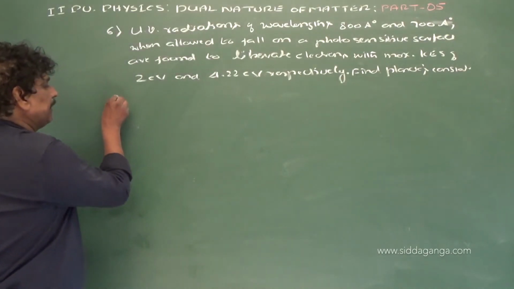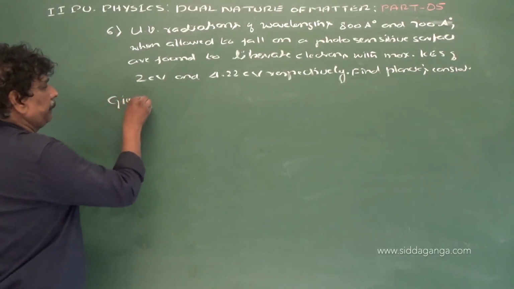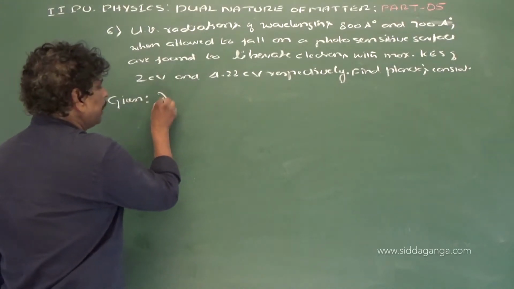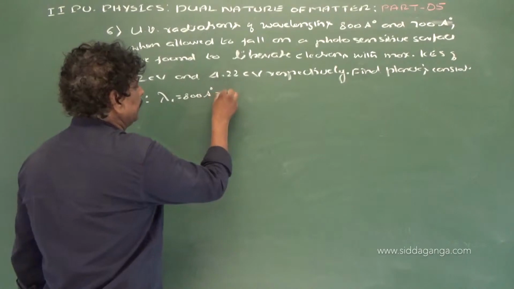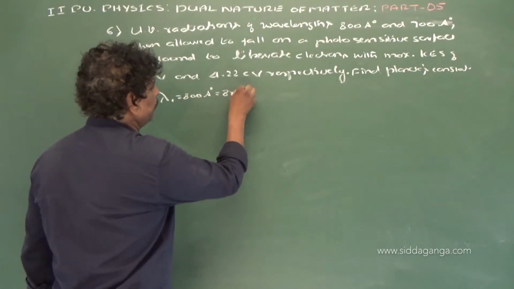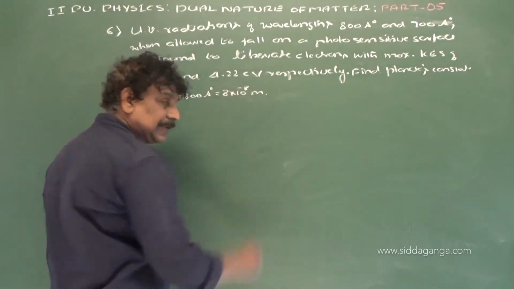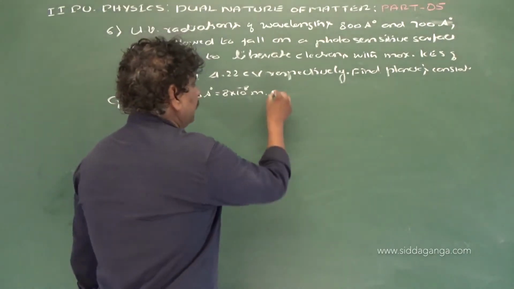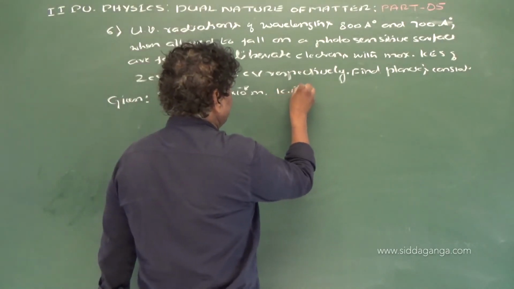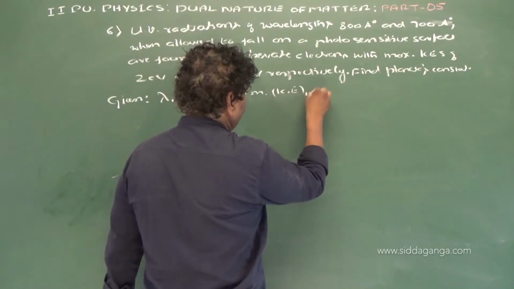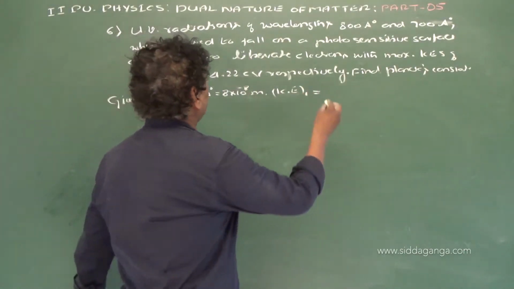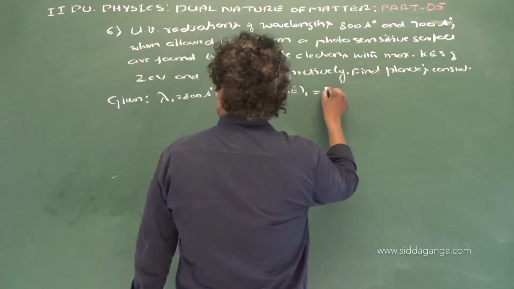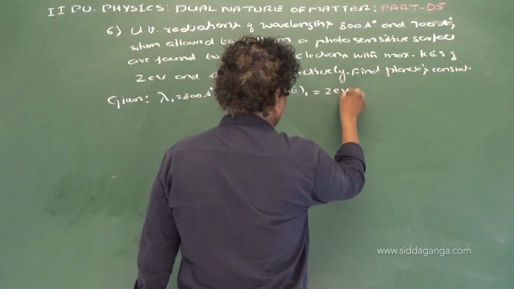Now we have given, lambda 1 is equal to 800 angstrom unit, that is 8 into 10 power minus 8 meter. Now the maximum kinetic energy emitted due to this radiation is 2 eV.